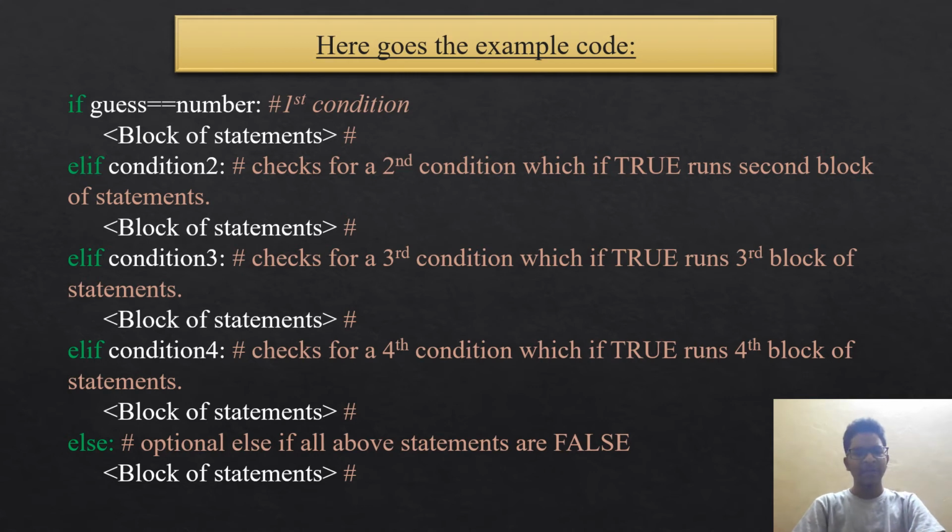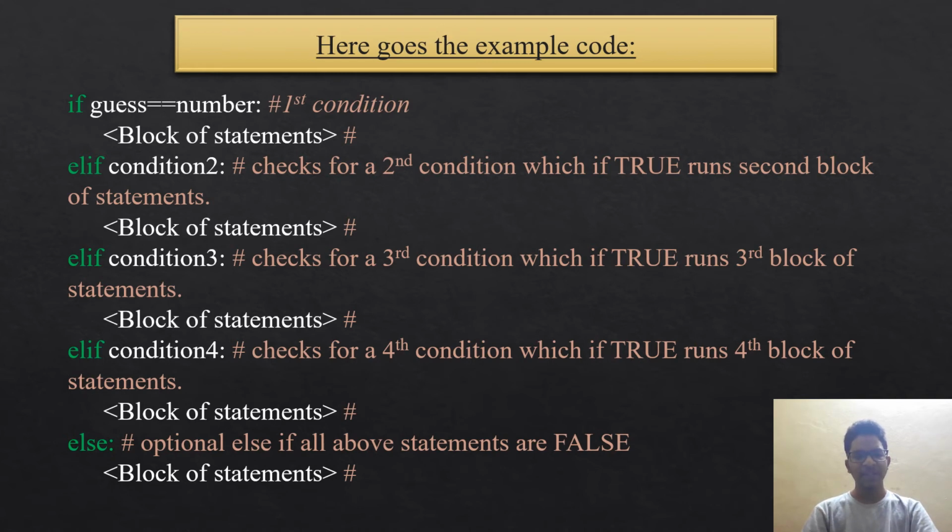Here goes the example code of the if-elif-else statement. Here we can observe clearly that elif can be used many times. The code is: if guess equals number, it is the first condition. After that, elif condition 2 checks for a second condition, which if true runs the second block of statements.